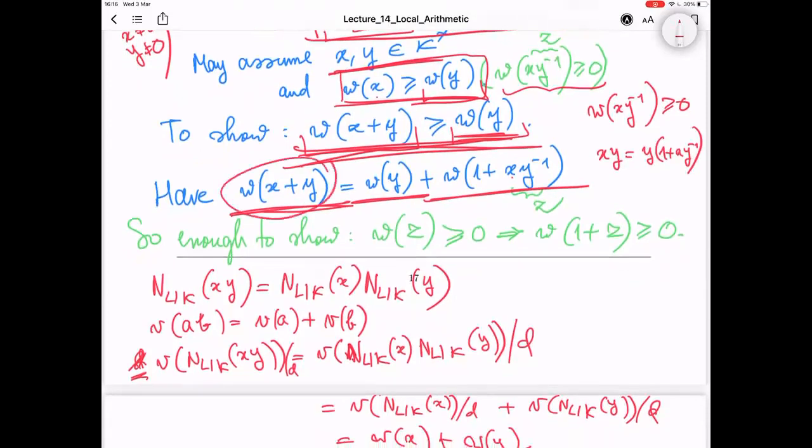So in order to show that this is bigger, I have to show that this thing is positive.